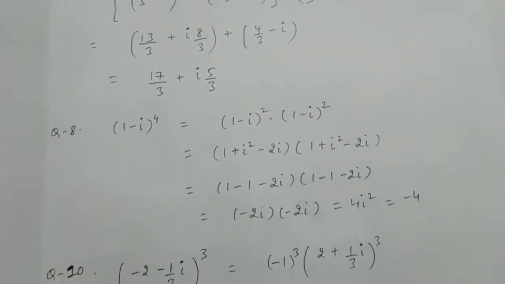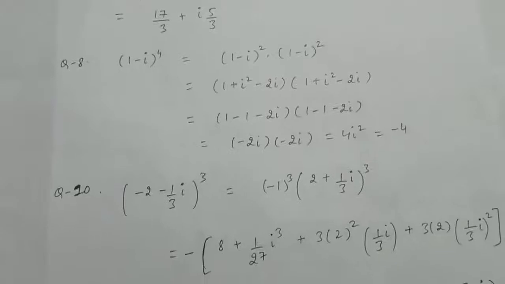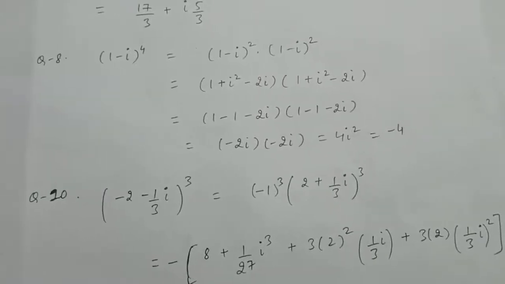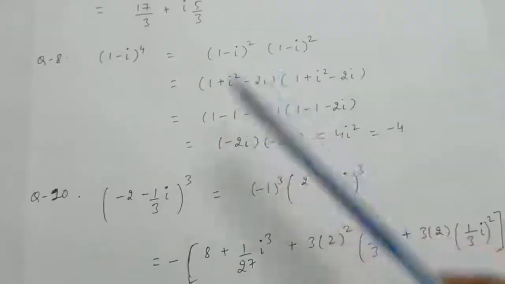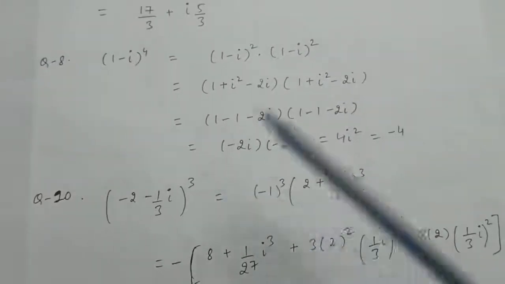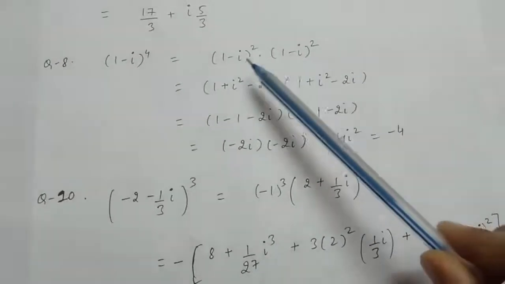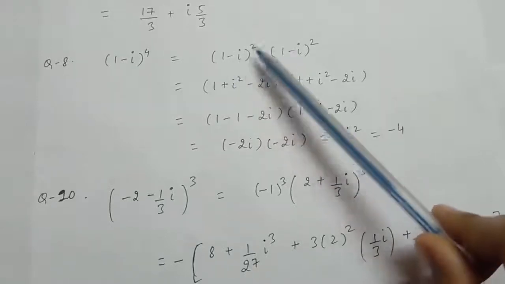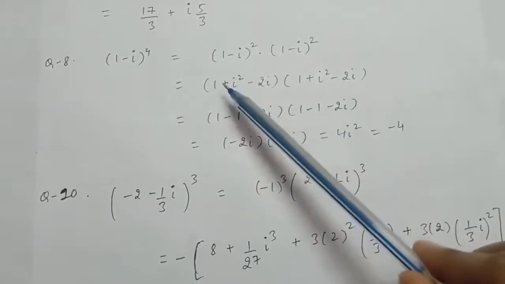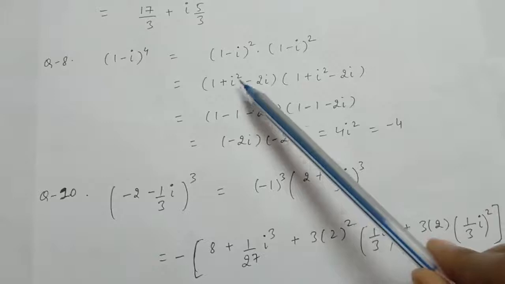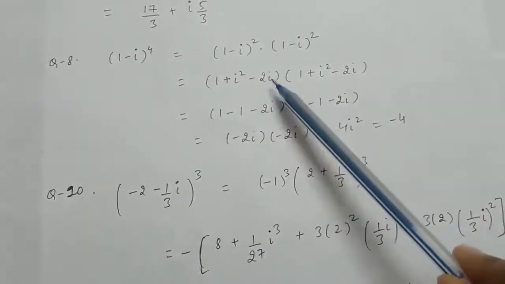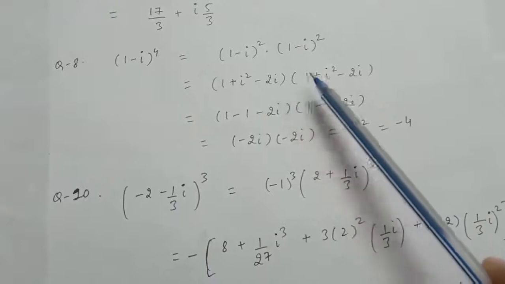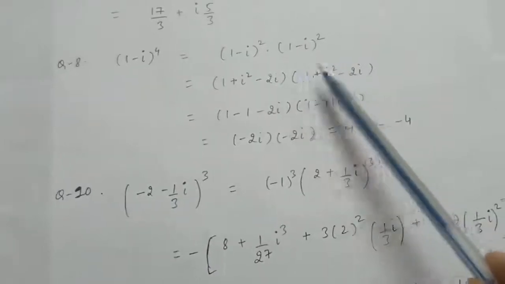Now question number 8 is (1 minus iota) whole raised to the power 4. So it can be written as (1 minus iota) whole square into (1 minus iota) whole square. Now this will be (a minus b) whole square. So a square plus b square minus 2 into 1 into iota, which is 2 iota, into this will be the same, right?